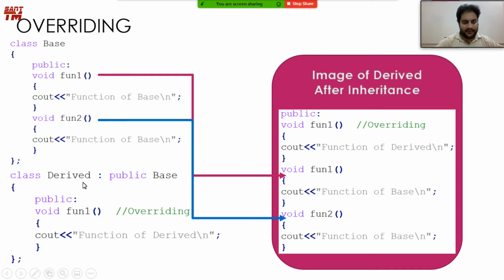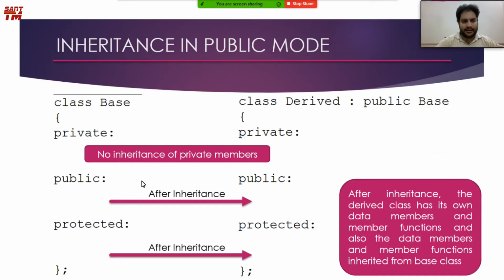Then I have made a derived class. In that derived class, the derived class is inheriting the base class in public mode. Now as per the concept of inheritance that we studied, the public section of the base class is directly copied to the public section of the derived class, and the protected section of the base class is directly copied to the protected section of the derived class.